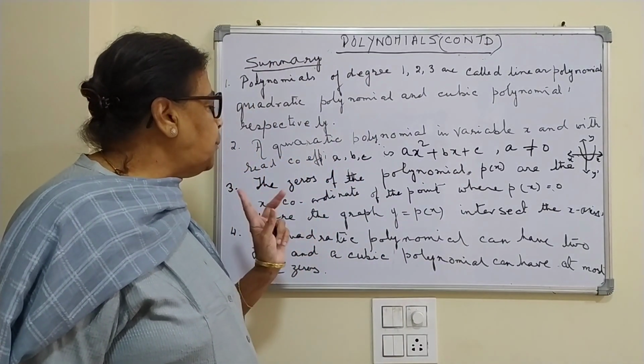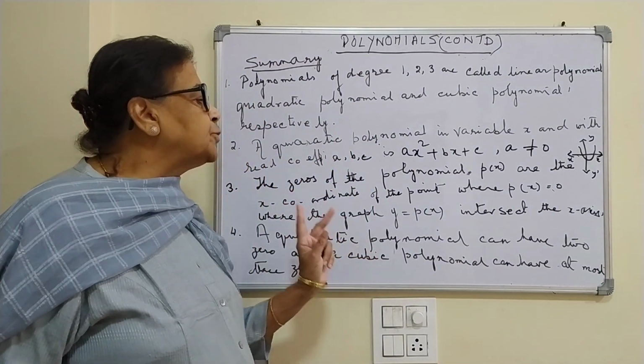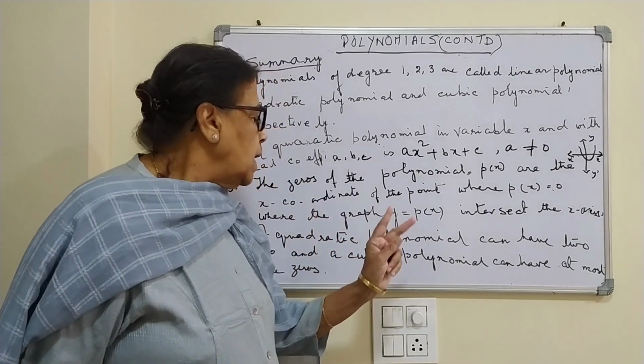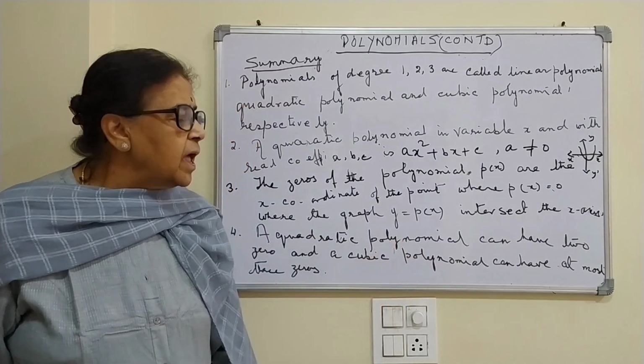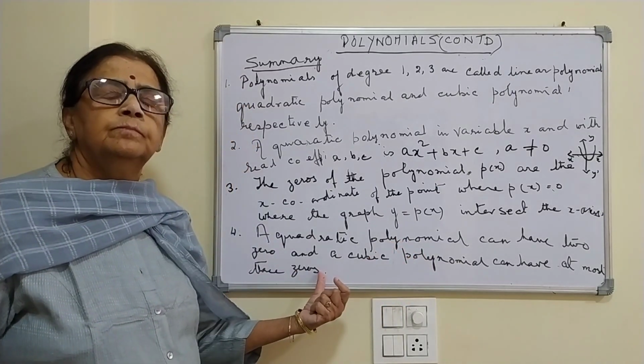A quadratic polynomial can have 2 zeros, and a cubic polynomial can have at most 3 zeros.